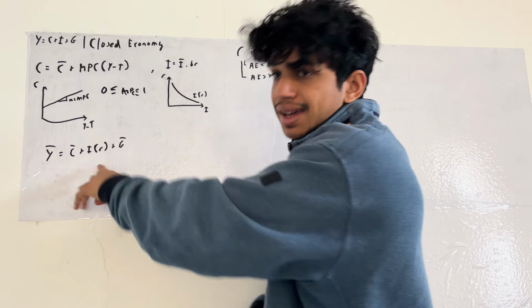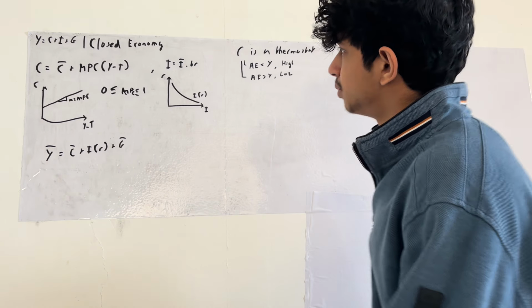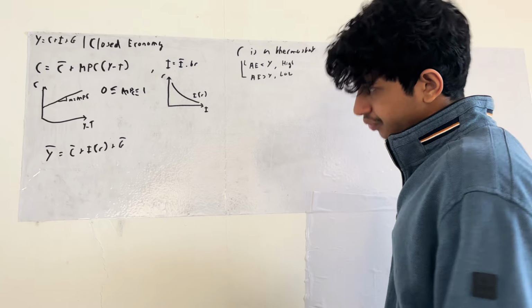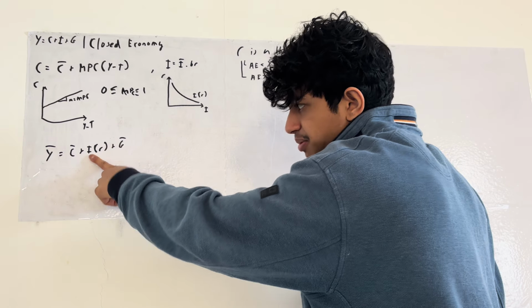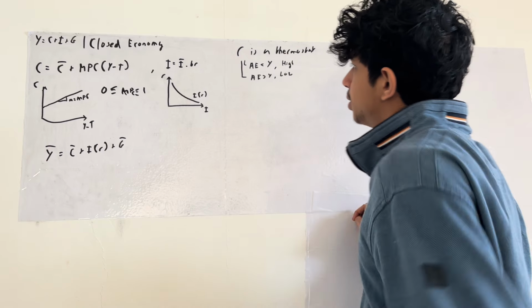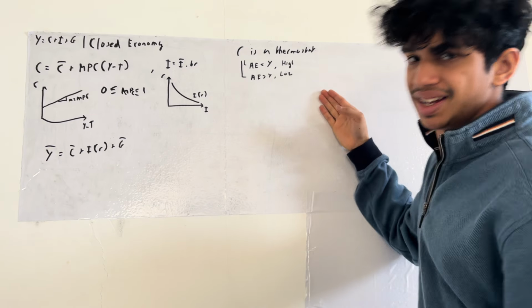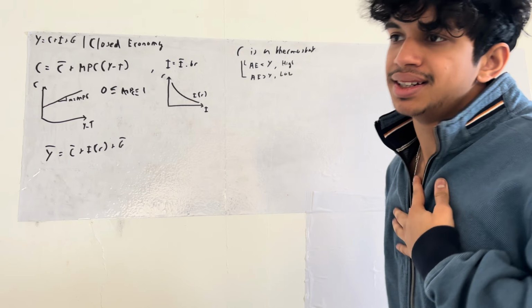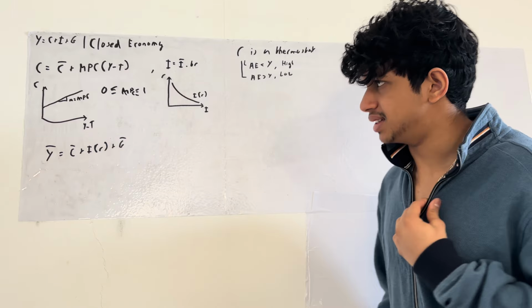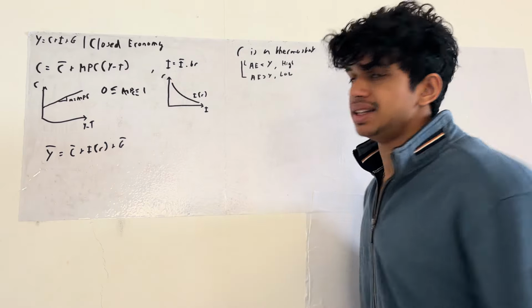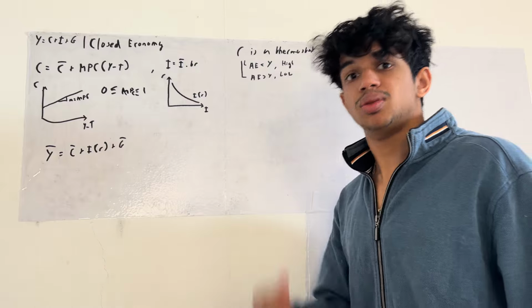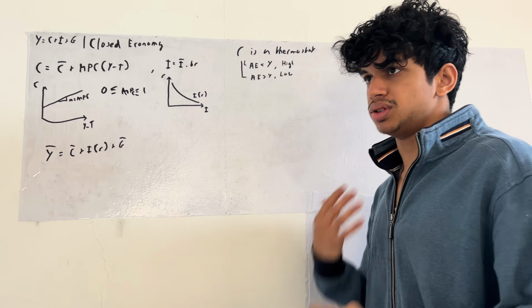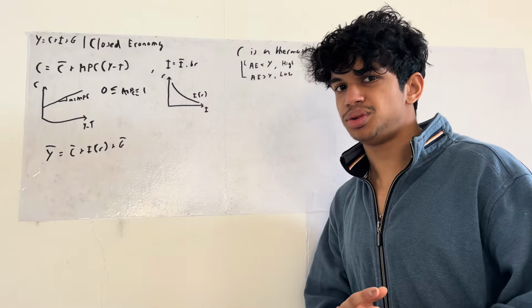Why is I endogenous? Okay, cool. So we take I as a function of r, which is investment as a function of the interest rate. We call r, or at least I call r, a thermostat. What that means is if r is too high, there will be less investment. What does that mean? Firms produce too little.